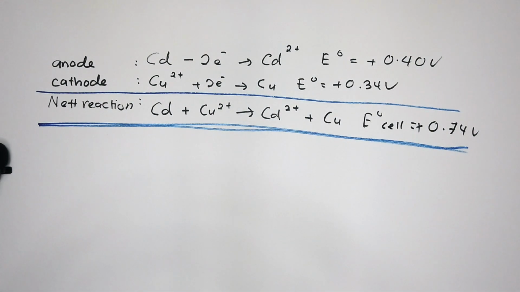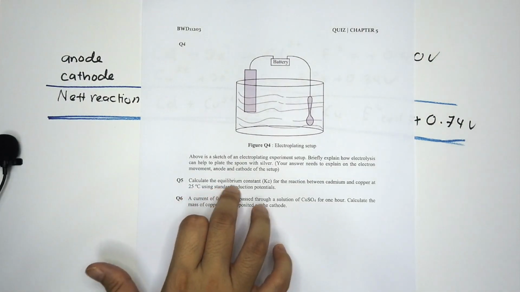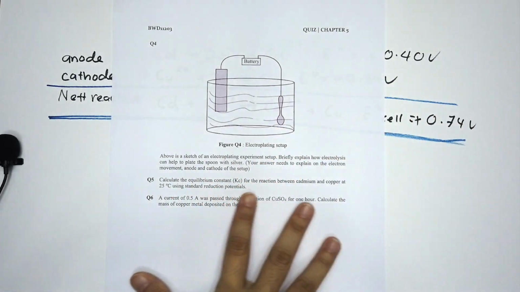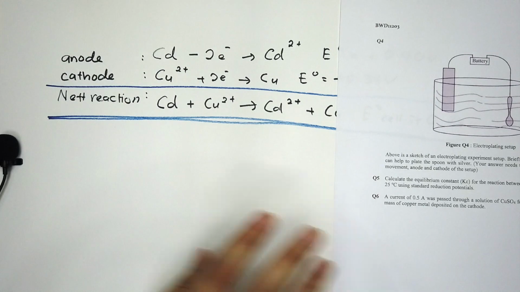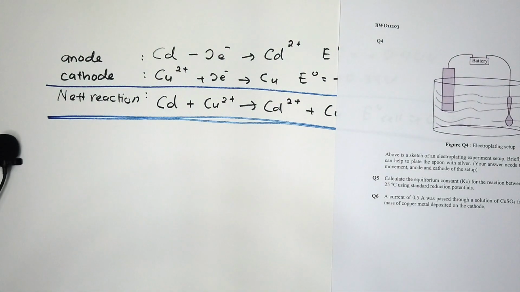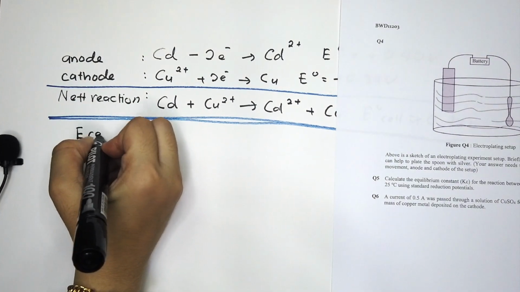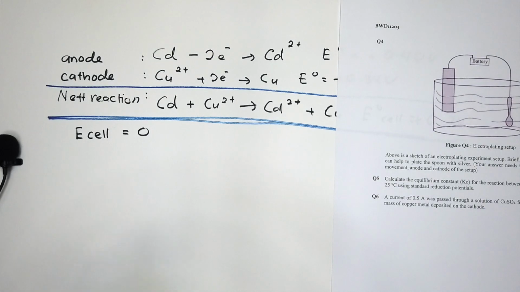And then look again at the question. The question asks you to calculate the equilibrium constant, the Kc, between these reactions. So this is not the end, you have just calculated the E standard cell. From there, at equilibrium, you can assume that the E cell is equivalent to 0. So E cell equivalent to 0 because this is at equilibrium.